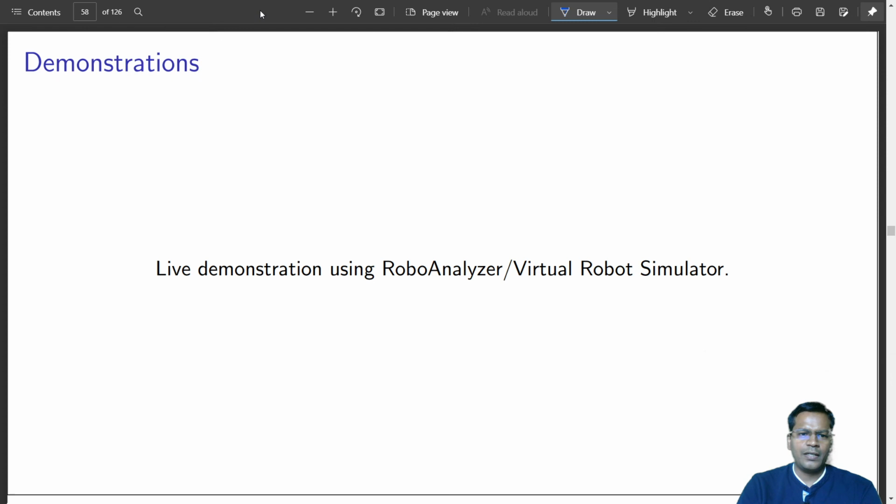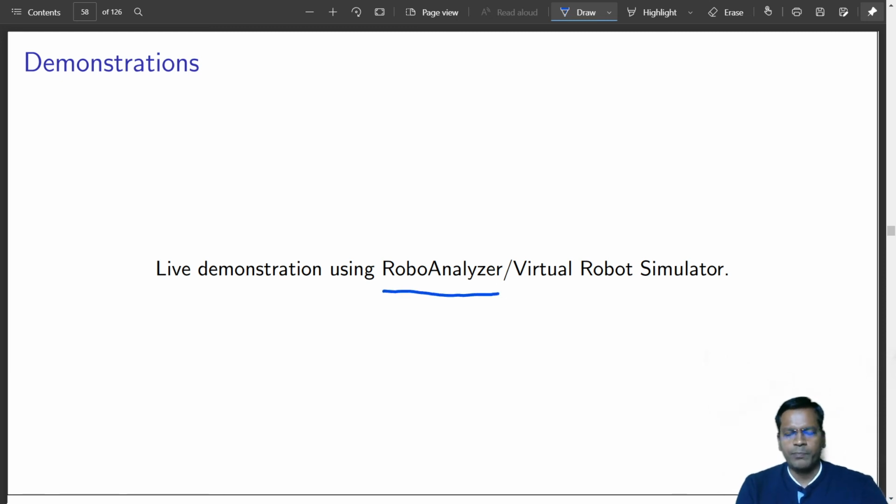I think we'll do some live demonstration using software known as RoboAnalyzer and Virtual Robot Simulator. One of them is for the Unix environment, and RoboAnalyzer is for the Windows environment. This software, I would suggest all of you, is free.